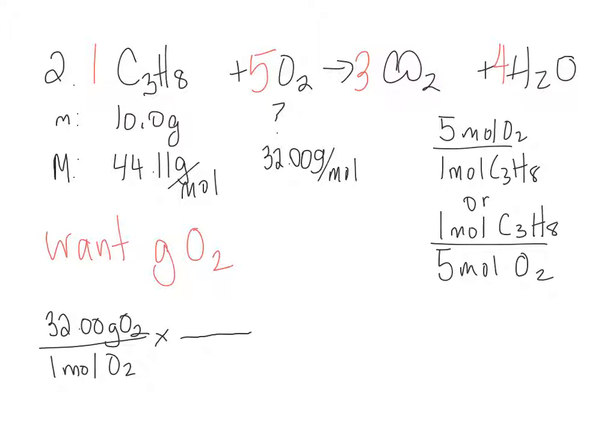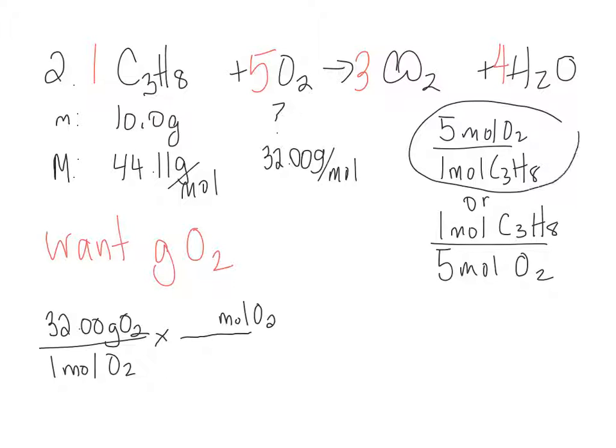If we get rid of moles of oxygen, we're left with grams of oxygen. So our next ratio has to have moles of oxygen on the top. Is there any ratio or value up there that has moles of O2 in it that we haven't used yet, Shayna?